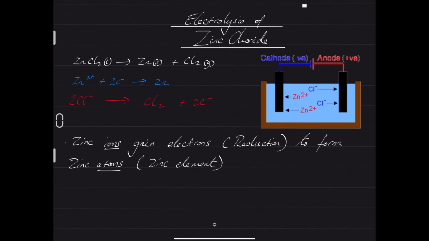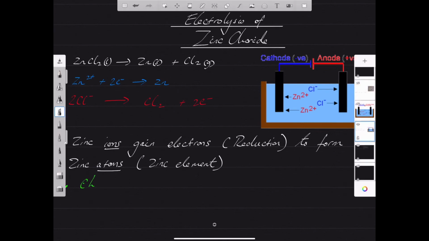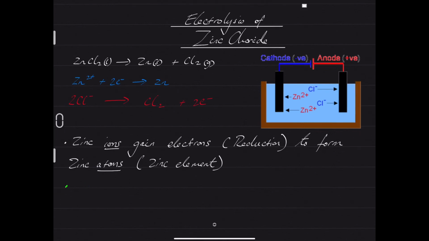Now, what about chlorine? Let's put it in a different color. So for chlorine, what we say is that chlorine ions lose electrons, and this is an oxidation reaction.